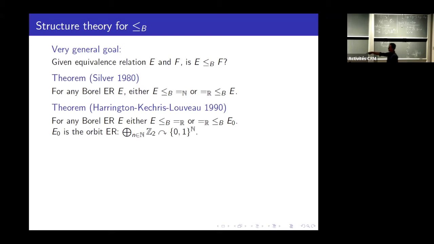It's the orbit equivalence relation induced by a countable group action. So here you just have a direct sum of countably many copies of Z2. Each copy acts by permuting the 0 and 1. And you get this orbit equivalence relation. Essentially, it is the equivalence relation on infinite binary sequences where two are equivalent if they differ on only finitely many points.